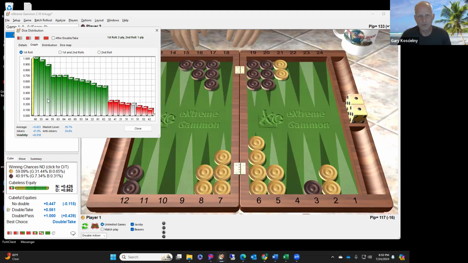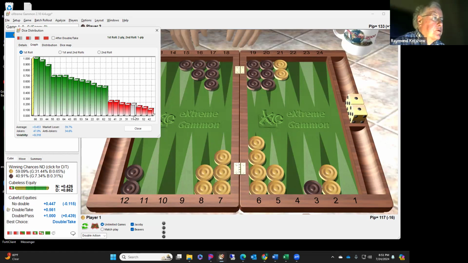Double 3s, double 4s are great numbers. Double 4s punch black on the bar with a 4-point board, 5-point board. Double 5, 6-3, all these are good, and then the bad numbers, 4-2. 4-2 is not great. 5-1 is terrible, and double 1s.